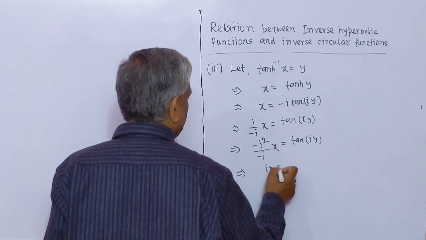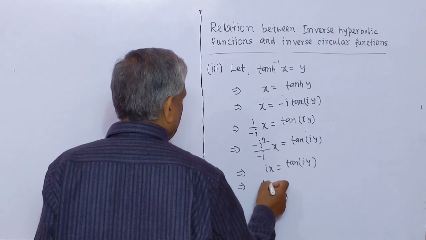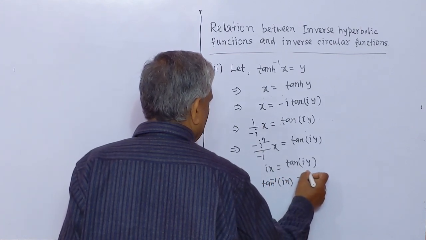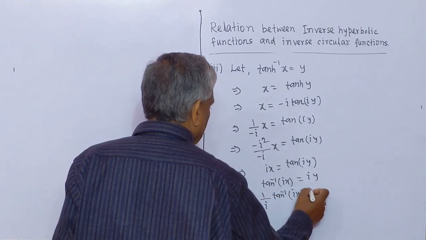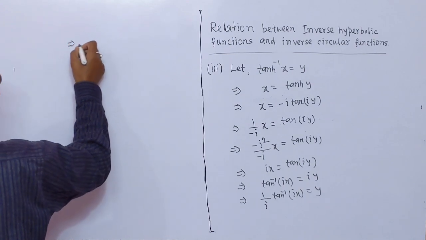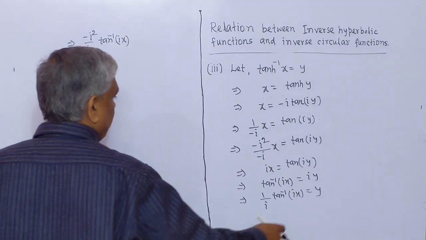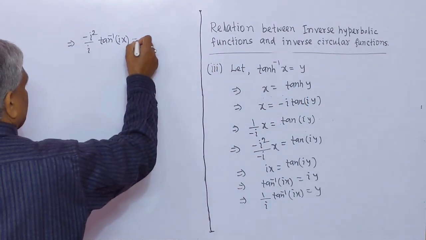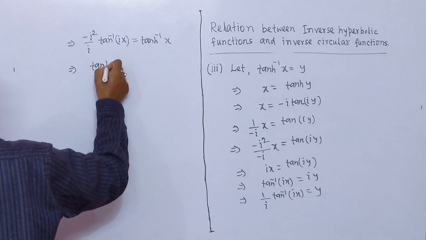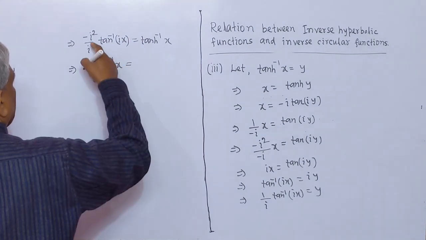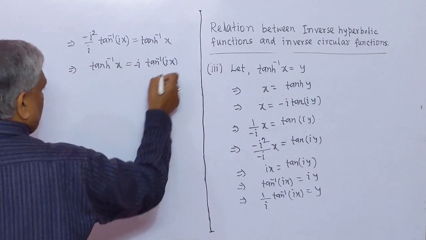This implies that tan inverse of ix equals iy, so 1 by i tan inverse of ix equals y. Since 1 means minus i squared by i, and y equals tan hyperbolic inverse x, we write tan hyperbolic inverse x equals minus i tan inverse of ix. This is number 3.